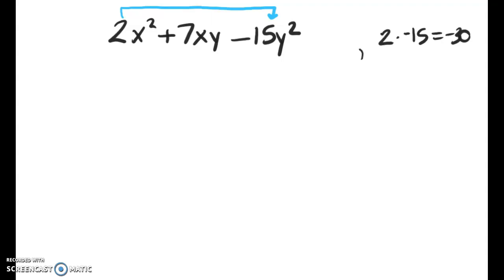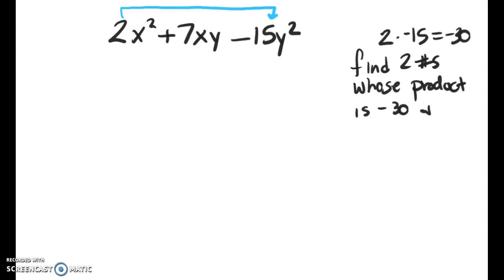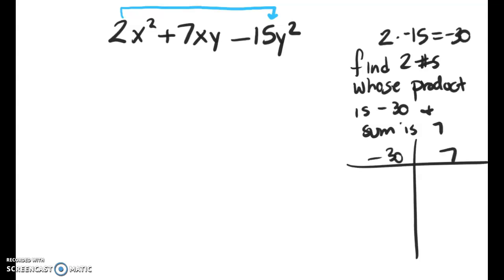And what I want to do is find two numbers whose product, product means multiply, is negative 30, and the sum is 7, just like we did before. So product negative 30, sum is 7.